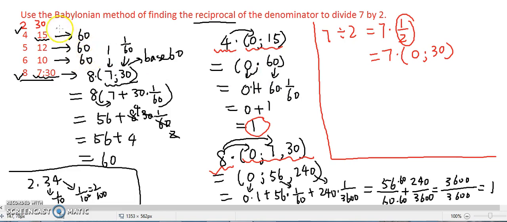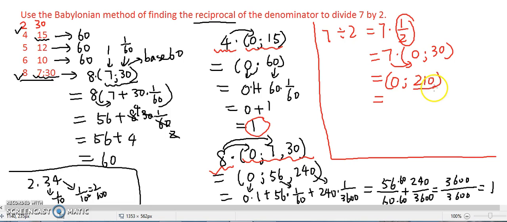So Babylonians kept a table, a list of numbers that multiply to get 60, so they could use this table for reciprocals easily. You just need to put a 0 in front of each one. So we do the multiplication: 7 times 0 is 0, and a semicolon, 7 times 30 is 210.